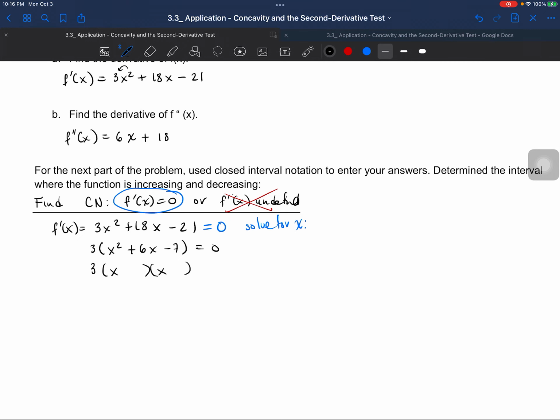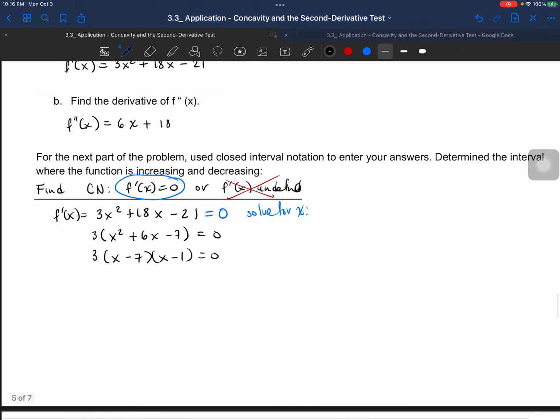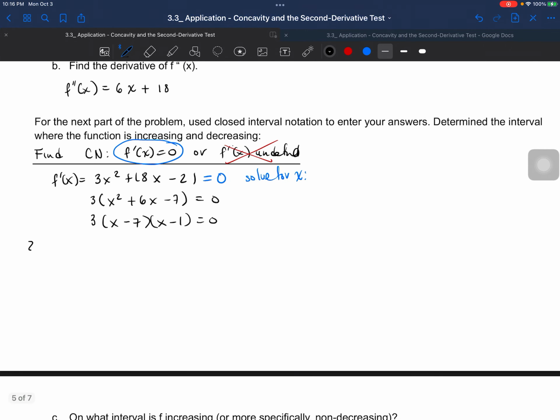So because it's a trinomial, we're going to factor it into a product of two binomials, where we're going to have x plus 7 and x minus 1. And by the zero factor property, we know that we're going to set every factor equal to 0, but we already know that 3 cannot equal 0, so that's a false statement.